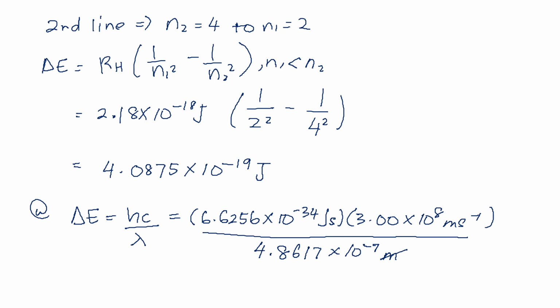So we cancel all of the units that we can cancel, meter and second. We will get the answer, which equals 4.0884 times 10 to the power of negative 19 joules. This answer is also correct.